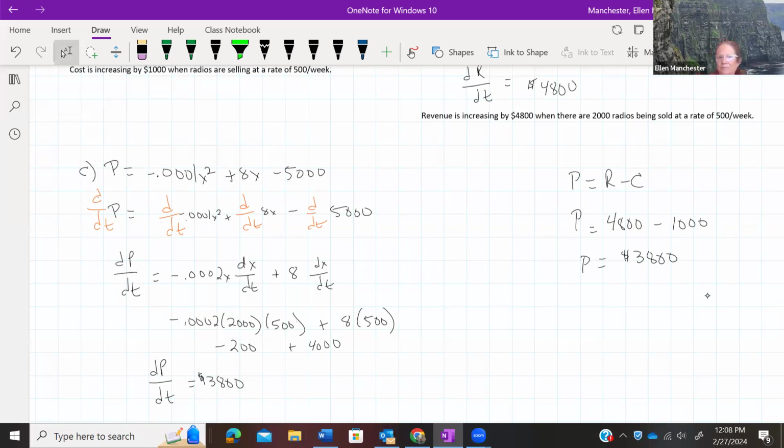Okay. So the interpretation is the profit is increasing by $3,800 when 2,000 radios are sold at a rate of 500 per week.